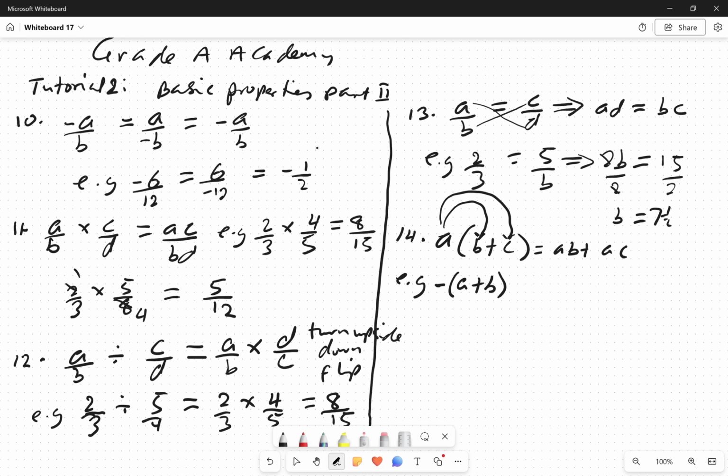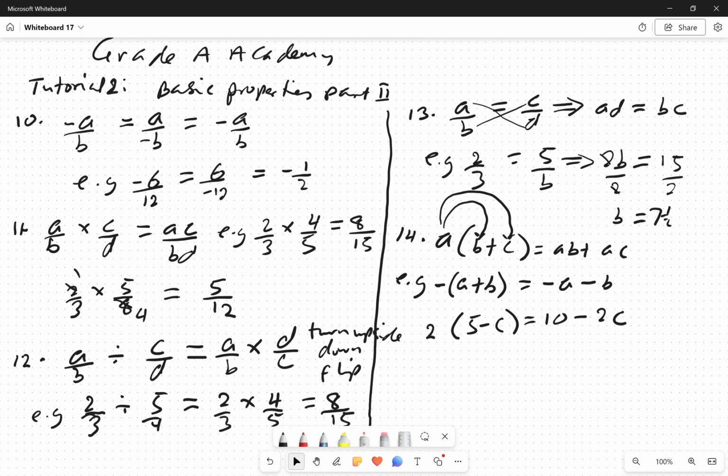So -1 times A is going to be negative A, and -1 times B is going to be negative B. Another example: 2 and then 5 minus C. You expand. It means 2 times 5 is equal to 10, and then 2 times negative C is minus 2C.